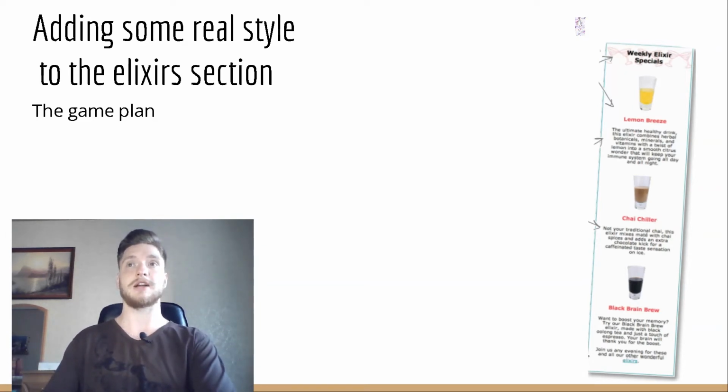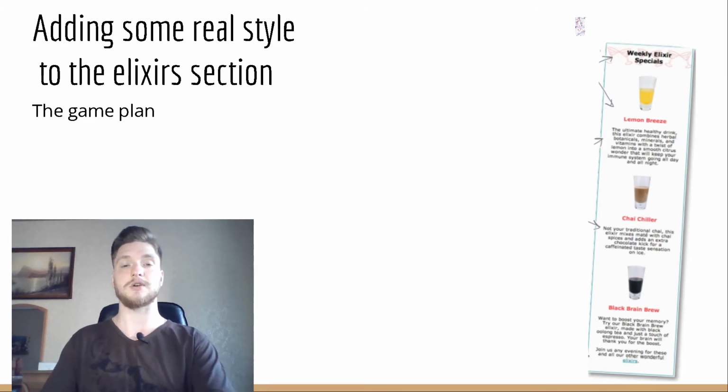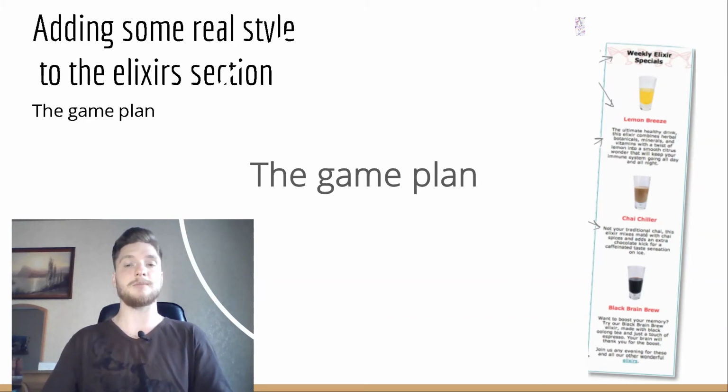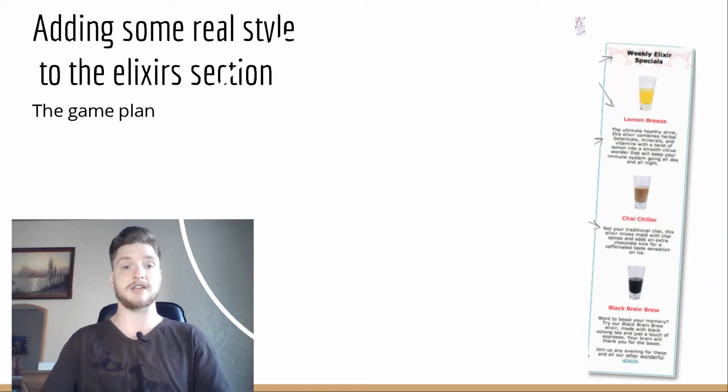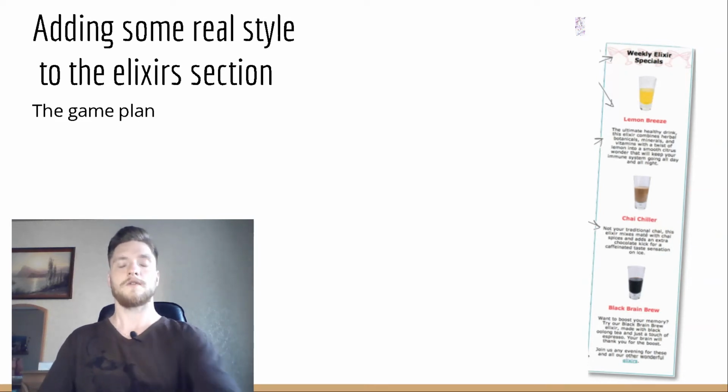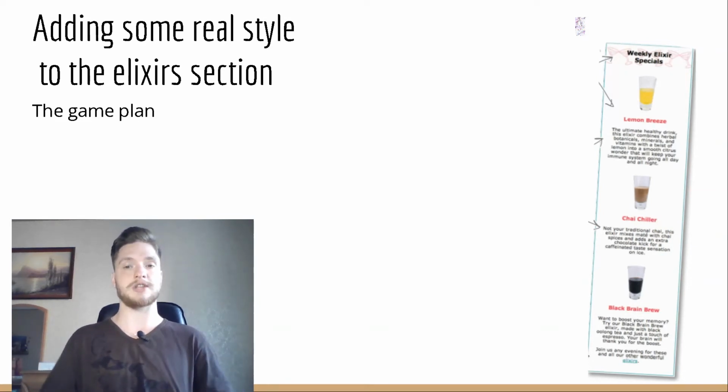The game plan. That's a lot of new styles, so let's get a game plan together before attacking it. Here is what we need to do. First, we are going to change the width of elixir's div to make it narrower. Next, we'll knock out some of the styles you're already familiar with, like padding and the background image.